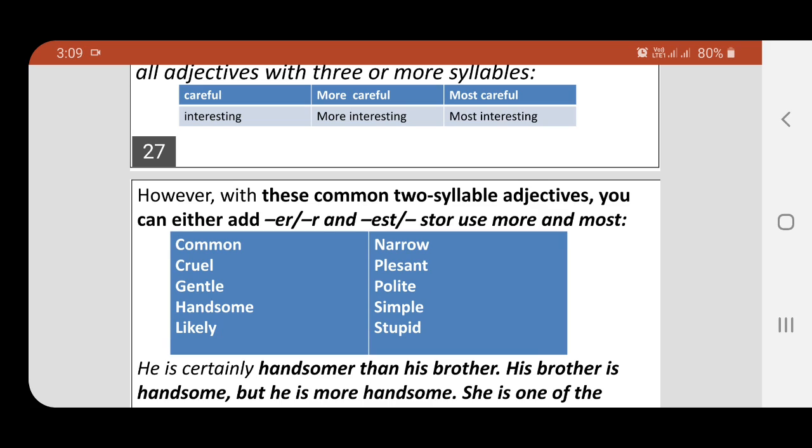Politer. The man is politer than his boss. The manager is simpler than the assistant manager. So this is about some of the common two-syllable adjectives which are modified with er, r and est.